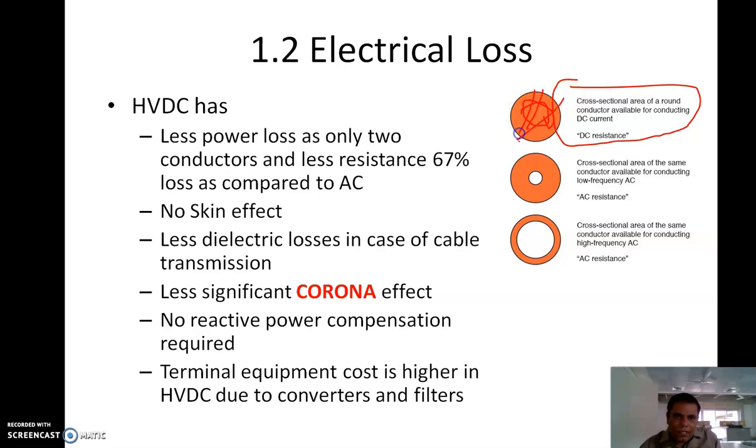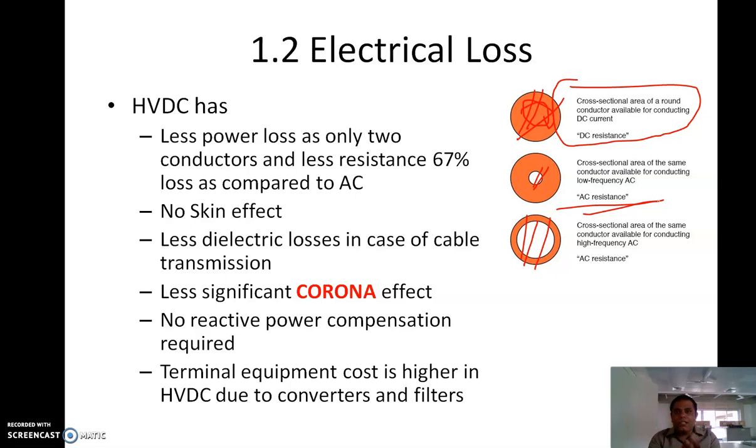For AC current, you have less cross sectional area, and if you use high frequency current, even more is lost. So the AC resistance increases as compared to the DC resistance, right? So in DC systems you have no skin effect, that's why the losses are less.